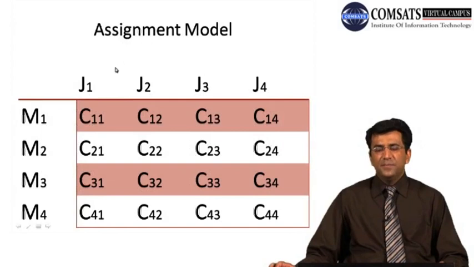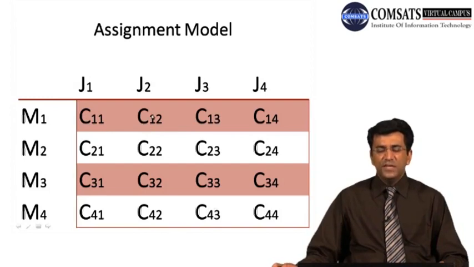Now this is an example of an assignment model. Suppose there are 4 machines, that is M1, M2, M3 and M4, represented in the form of a column, and there are 4 jobs, that is J1, J2, J3, J4, and assigning a particular job to a particular machine has a particular cost, represented by C11, C12 and so on.